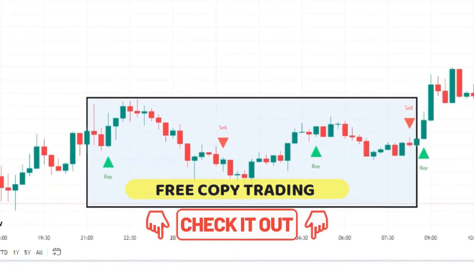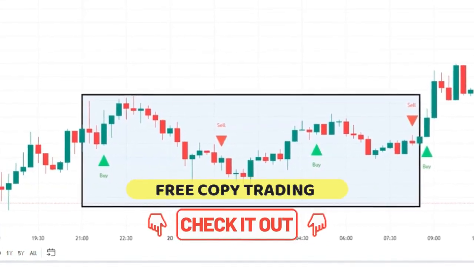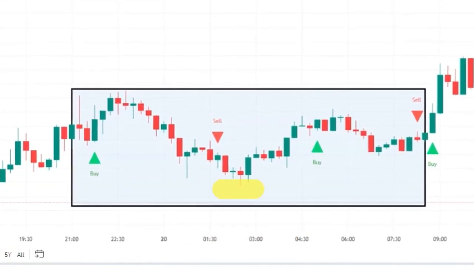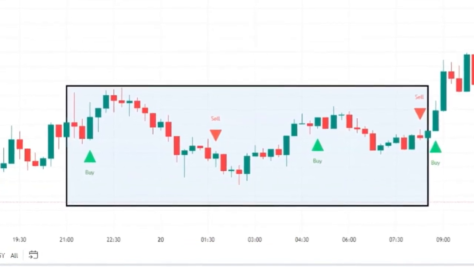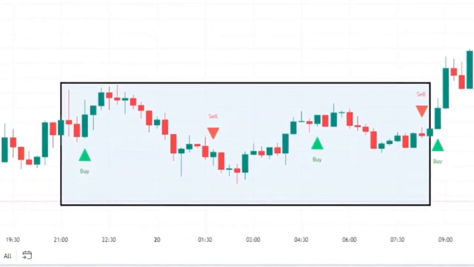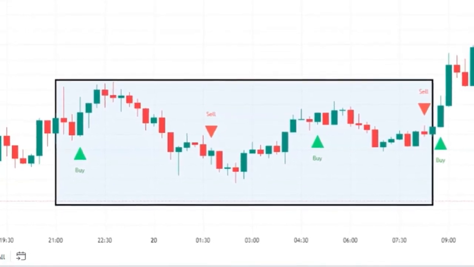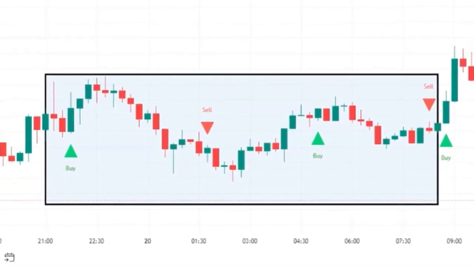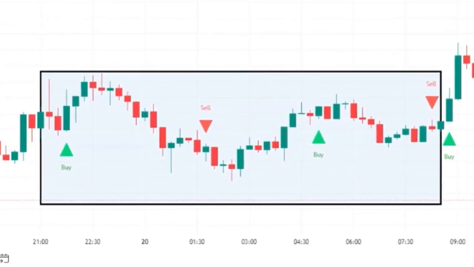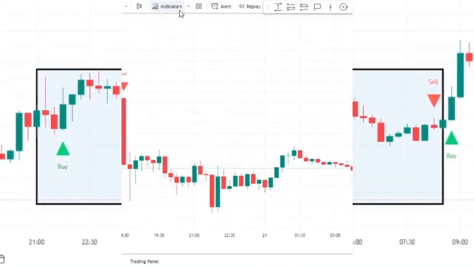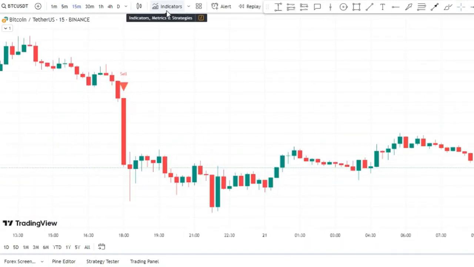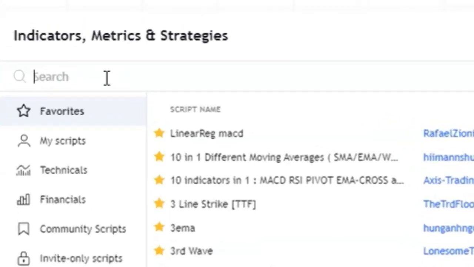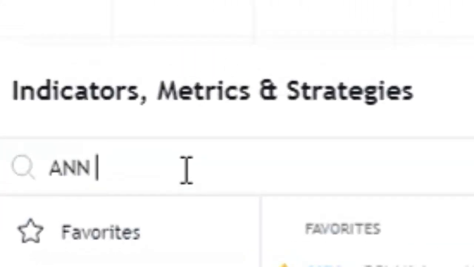To maximize the performance of any trading strategy built around an indicator, it's essential to filter out or reduce these inaccurate signals as much as possible. Removing false signals will improve the strategy's win rate and profitability over time. So for this part of the strategy, I'll be using the ANN plus RSI History Alert by Theo Park indicator.